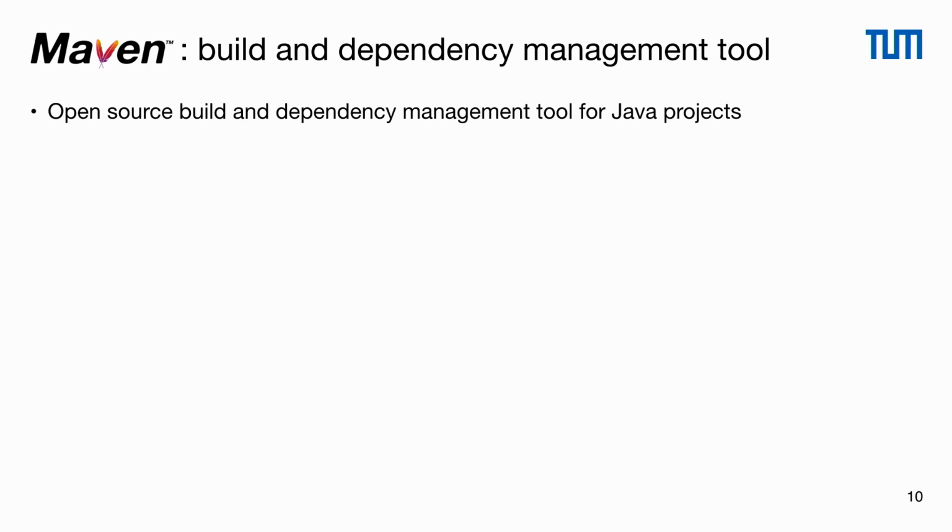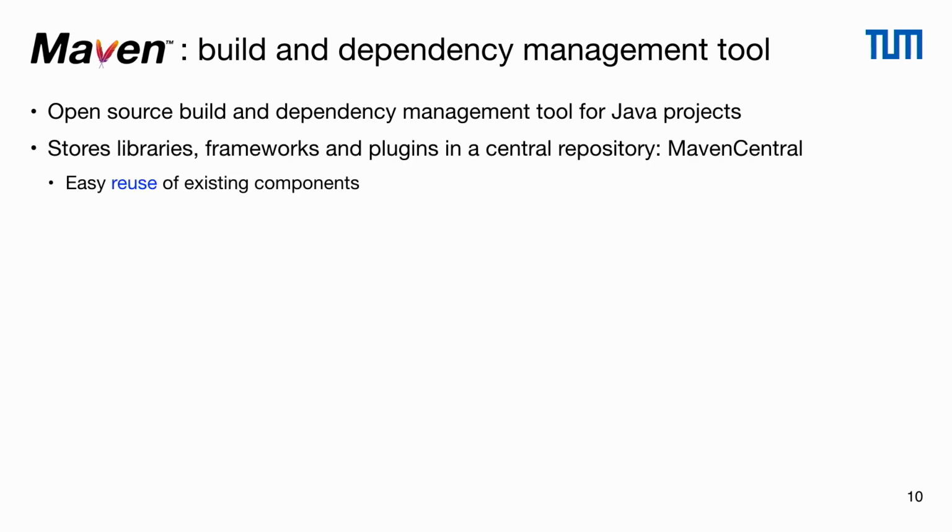To resolve dependencies in Java, you can use Maven, which is a build and dependency management tool that is open source. It's a powerful build tool with a lot of different possibilities. The main idea is that you store libraries, frameworks, and plugins in a central repository on the internet, which is called Maven Central, to simplify the reuse of existing software components.